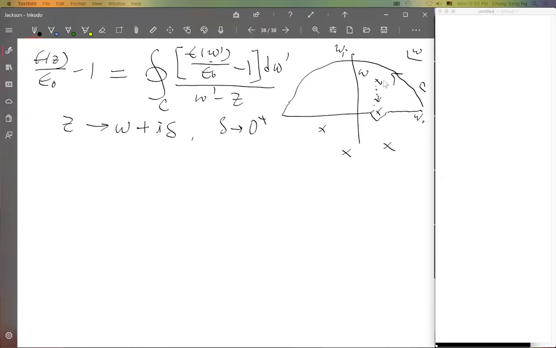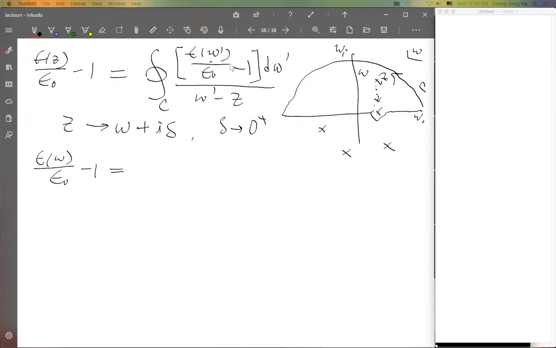So I'll rewrite this result. Now, because delta is so small, I can just say that this is exactly like omega.